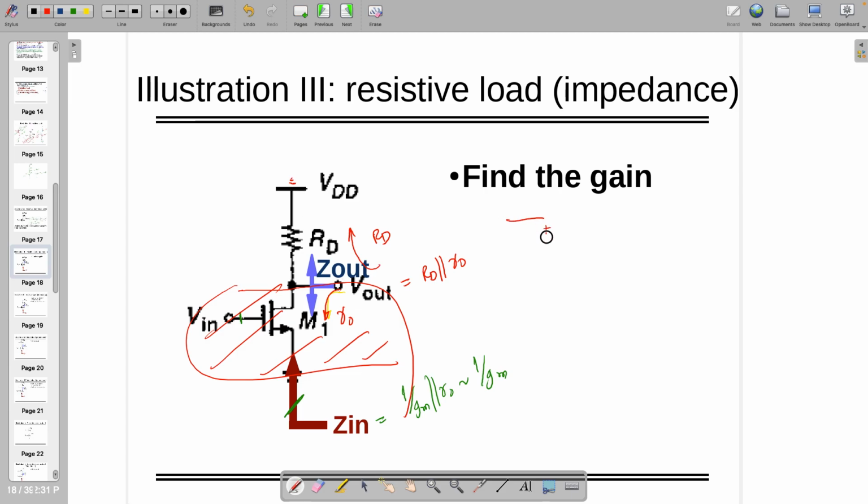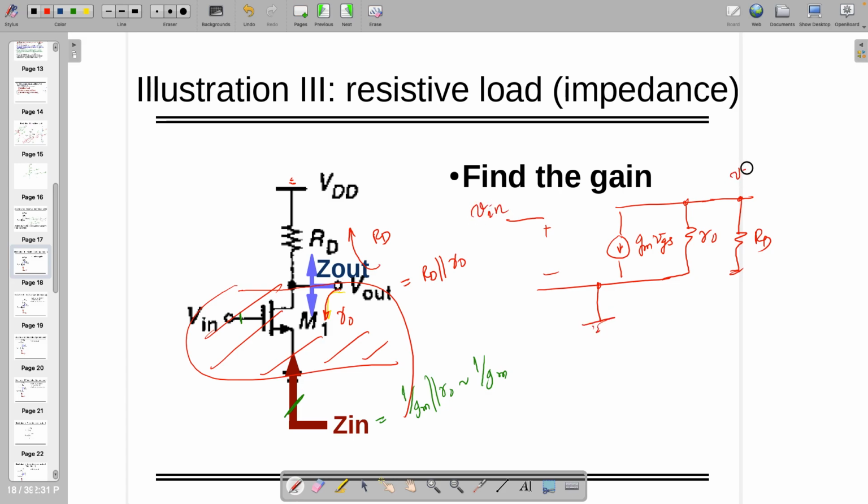If you want to see a small signal model, so this is the small signal model. Right. So this is the simplest way. So you can see here this RO and RD are coming in parallel. Right.